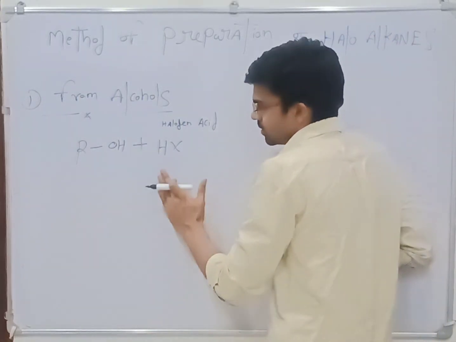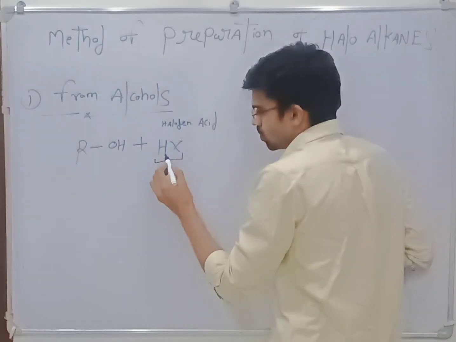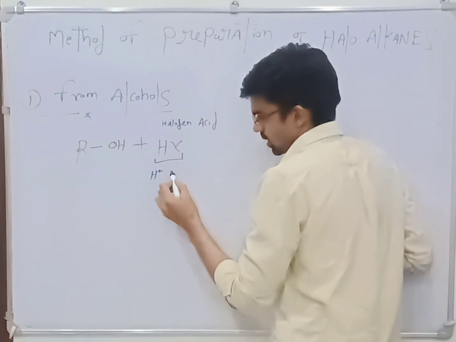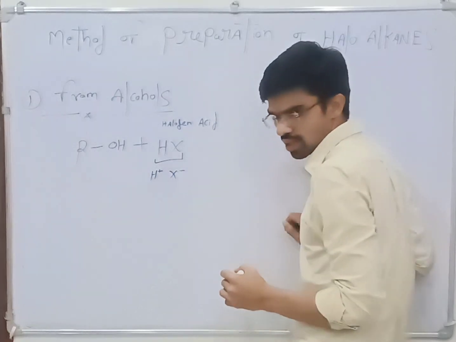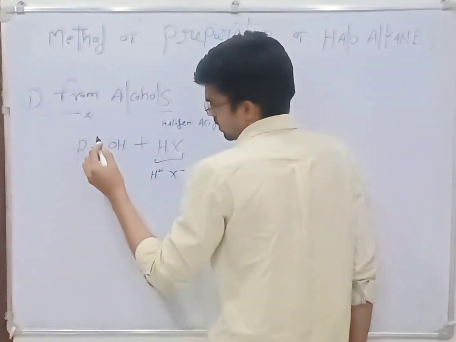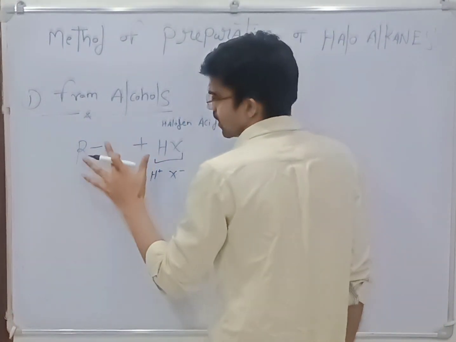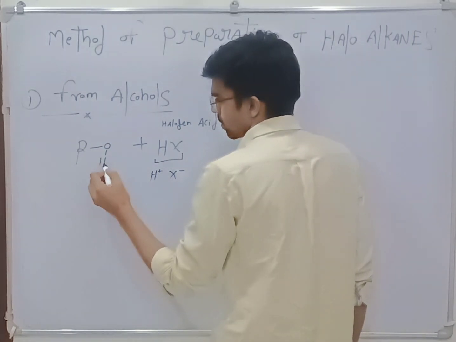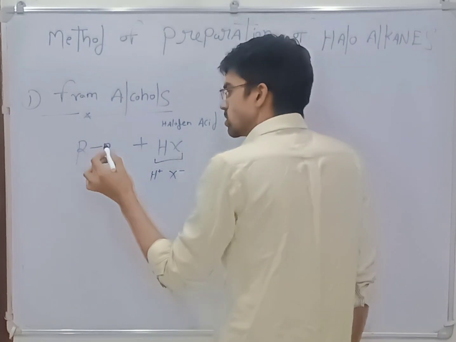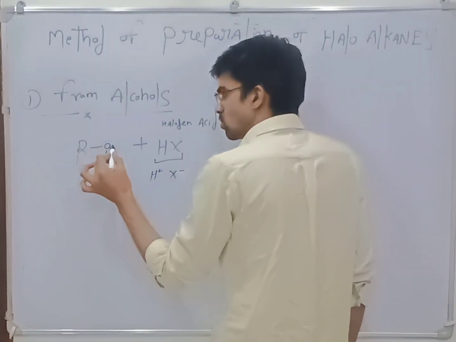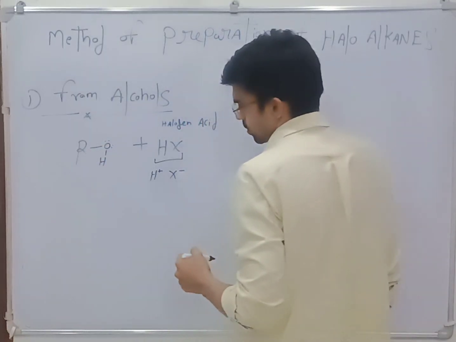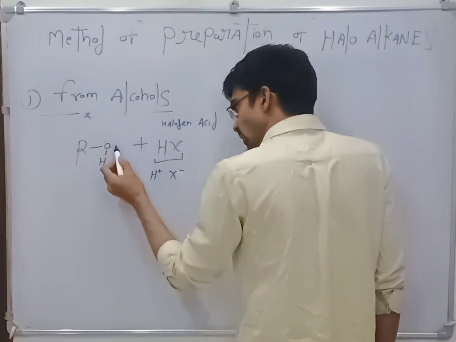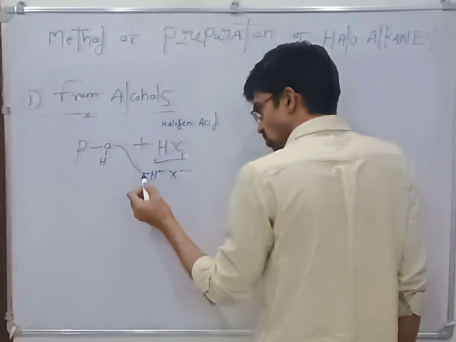As we know, it will break down in two parts, H in the form of H plus and X in the form of X minus. Here we have alcohol ROH. In oxygen we know that there are lone pair electrons, so oxygen will try to donate its lone pair electron to H plus.